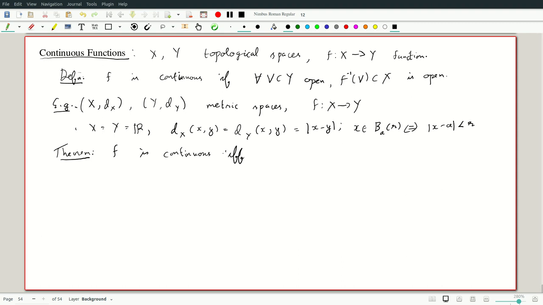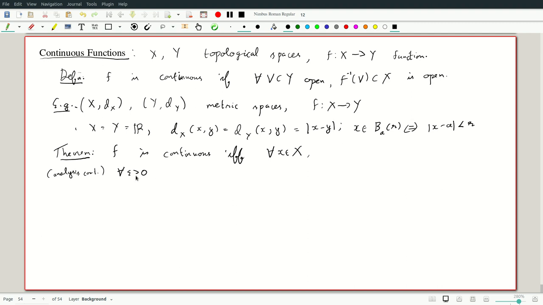if and only if, and let me call this analysis continuity just temporarily. Analysis continuity is pointwise, so I put it here.